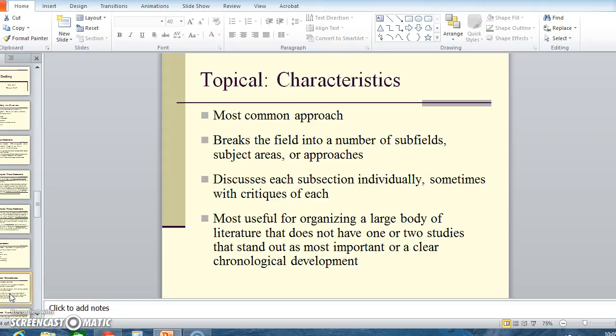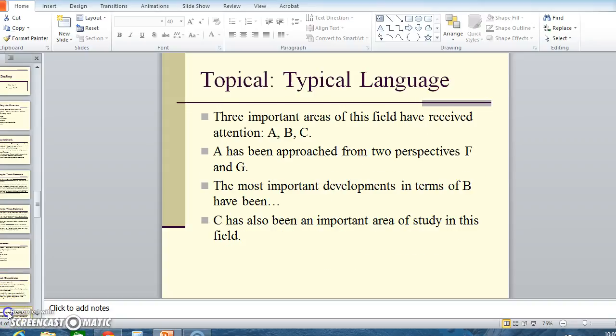And it's most useful for organizing a larger body of literature that doesn't have 1 or 2 seminal, meaning the most important, studies, but in fact has many studies that are important and that relate to your topic.